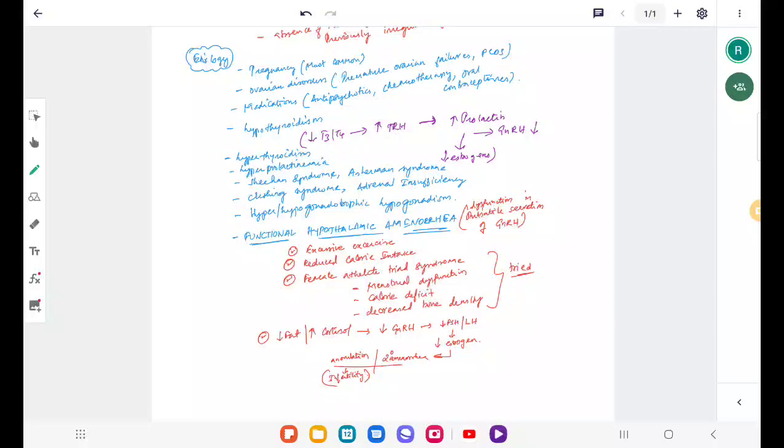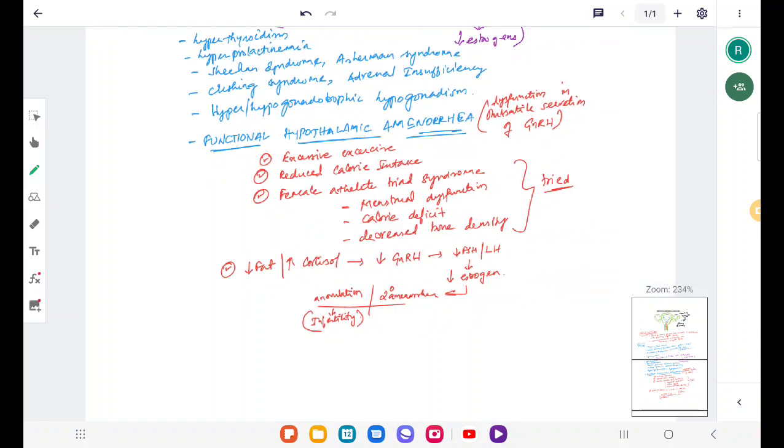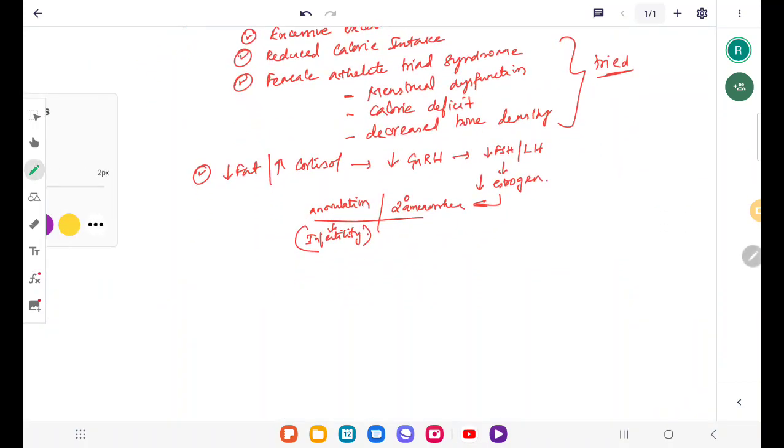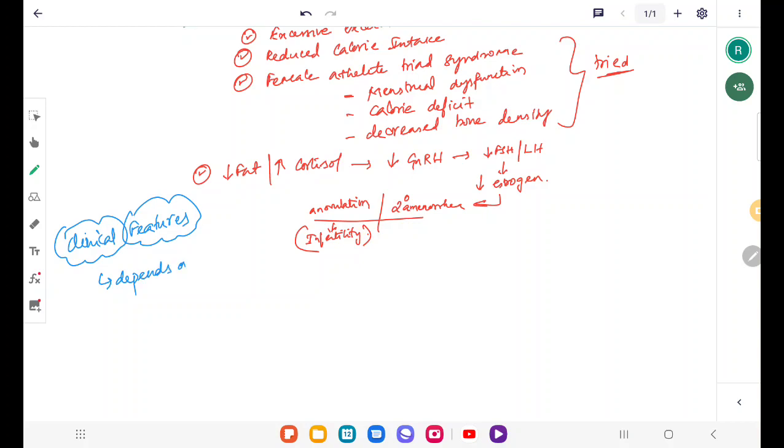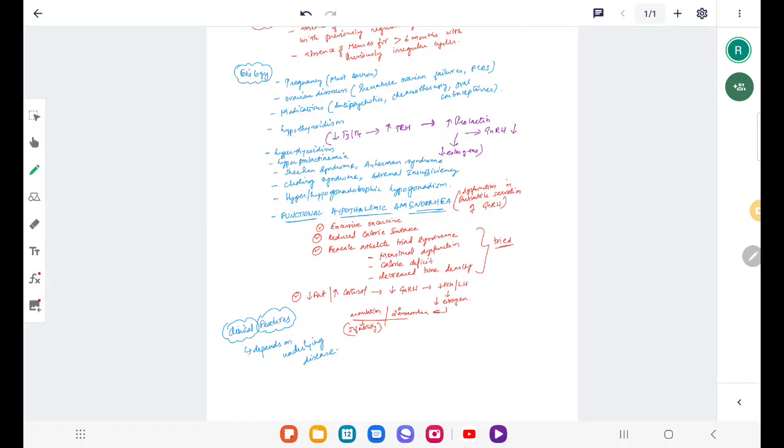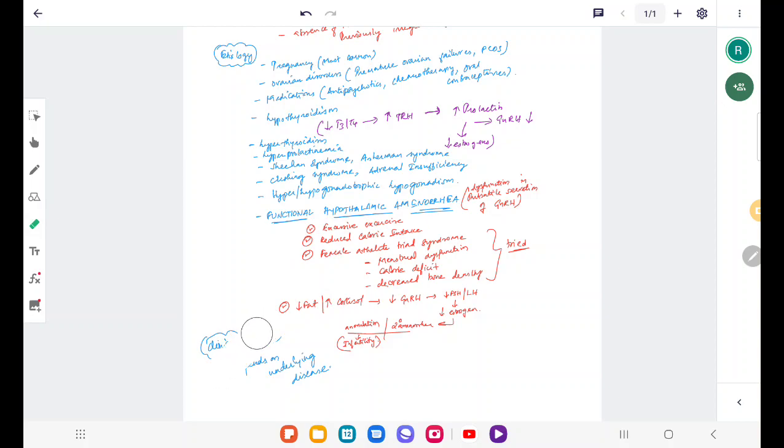So speaking about the clinical features, as you already know, the clinical features usually depend on the underlying disease. Next we'll study about the diagnostics of secondary amenorrhea.